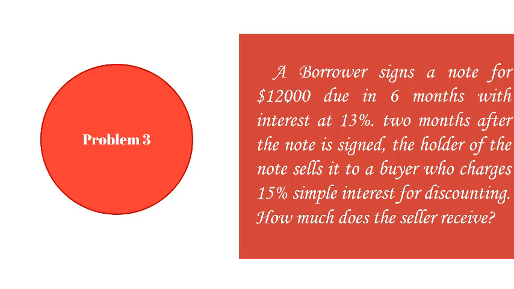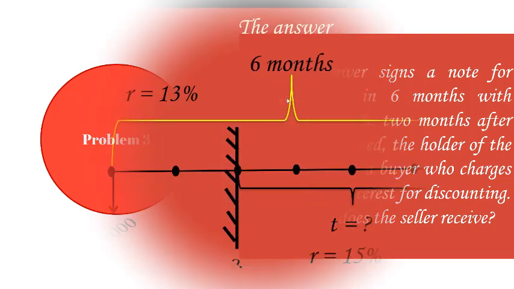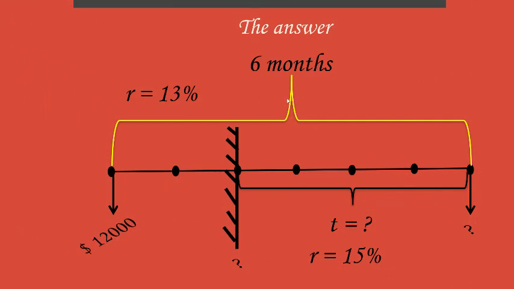Then we will use the amount we calculated to get the present value 4 months before the end. Look at this time diagram. We have $12,000.